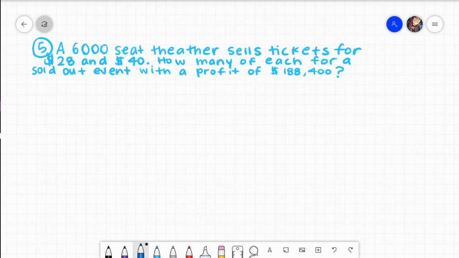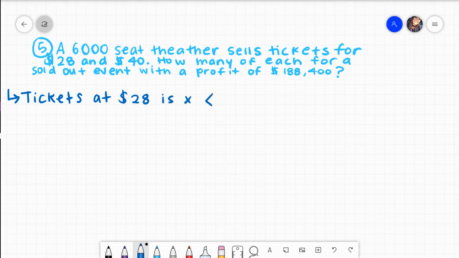Well, I have two different prices for tickets, right? And I'm dealing with section 5.1, which is a system of equations with two variables, right? X and Y. So what I'm going to do is I'm actually going to say that the tickets at $28 is X, right?